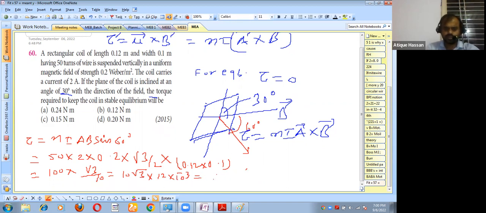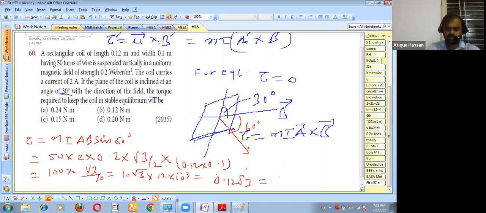This will be equal to 0.12 into root 3. So multiply 0.12 into 1.732. How much do we get? We will get 0.20 something, right?